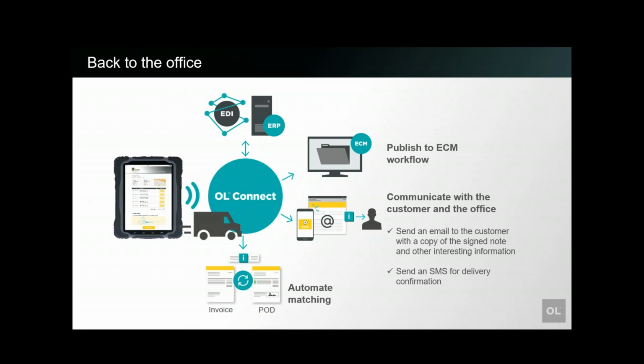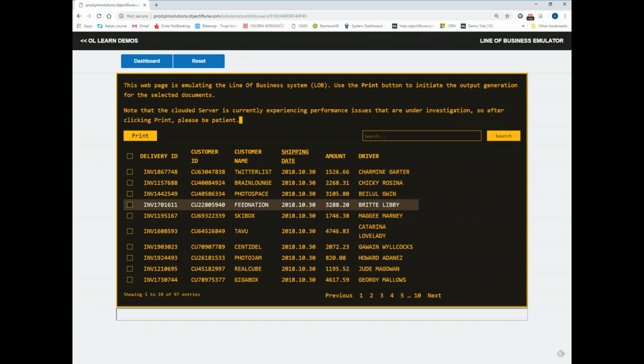Let me show you the idea of how we found this working. So we have the line of business system with some of the invoices being created within the system itself. Once we hit the print button, it triggers a workflow.